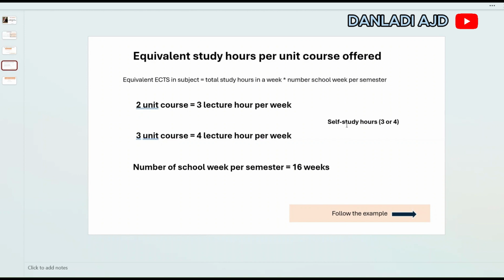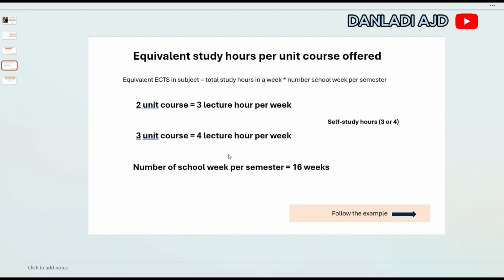The expectation is that for the 2-unit course, he is also expected to have studied for 3 hours. And then for the 3-unit course, he is expected to have studied for 4 hours. So this is what we use to get the total study hours in a week before we then multiply by the weeks in a semester.